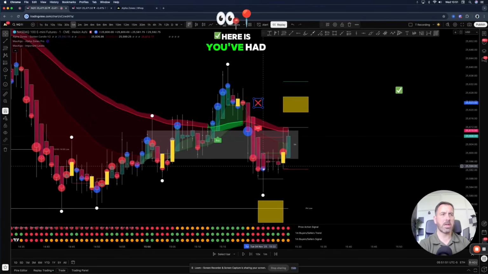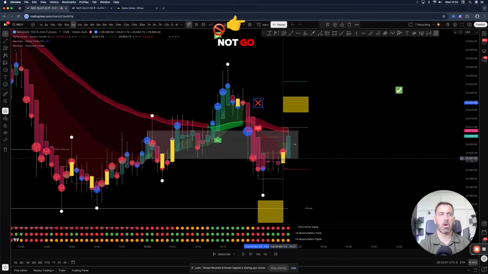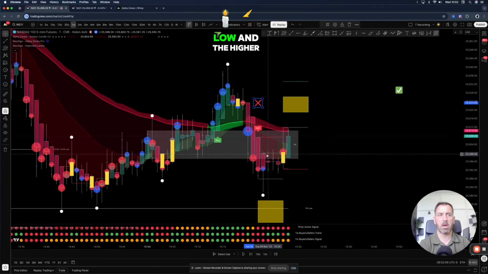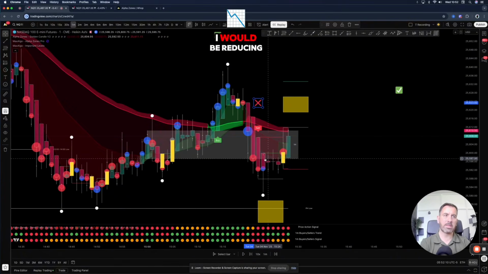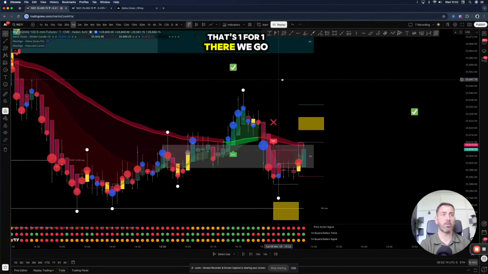What you've had here is you've had this instantly, this reversal. As it's taken you in, you've had this bullish volume. So from my point of view, when this starts to not go, you then start to get a new golden candle taking this low, and the high of this low here. I would be very wary about this, and I would be reducing my risk. But let's take it as it is. That's 1 for 1. There we go.